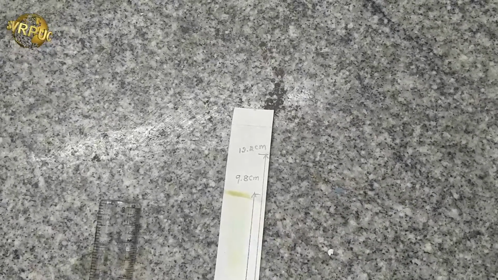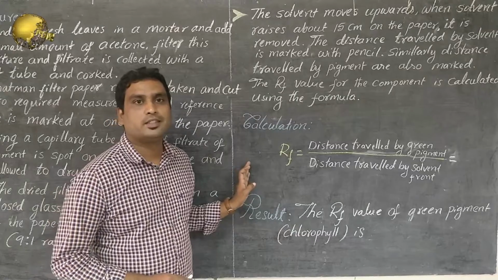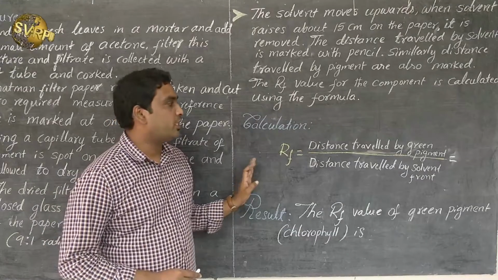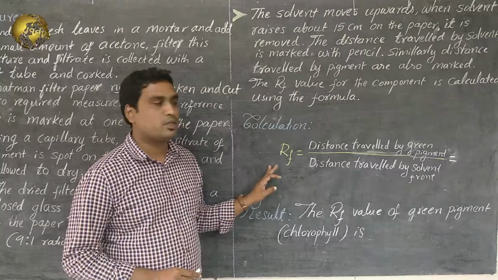Now I'll go to the calculation part. Now it is the time for calculation. We can calculate the retardation factor, that is the RF value, using this formula.